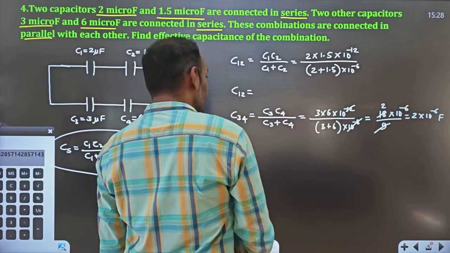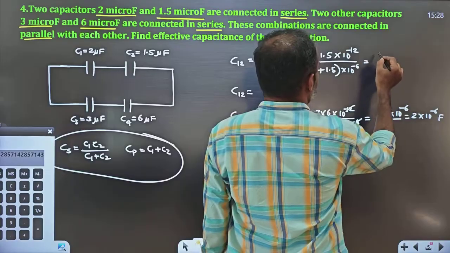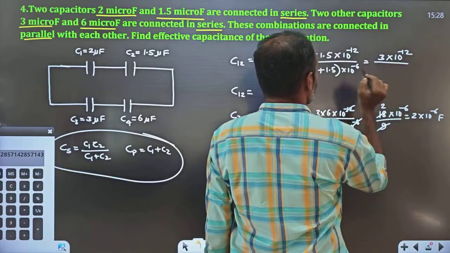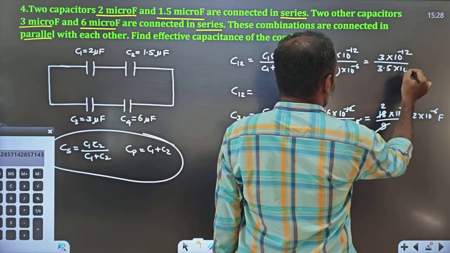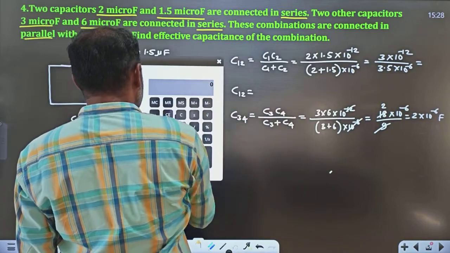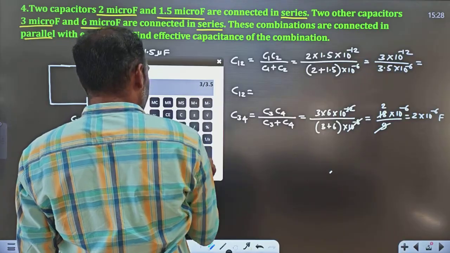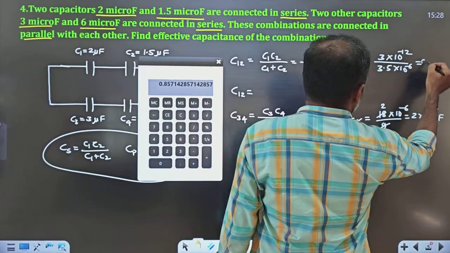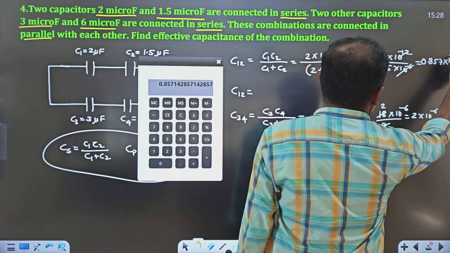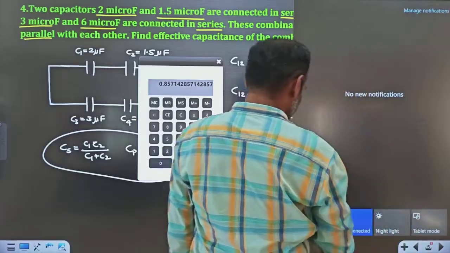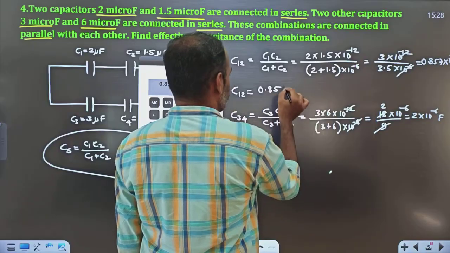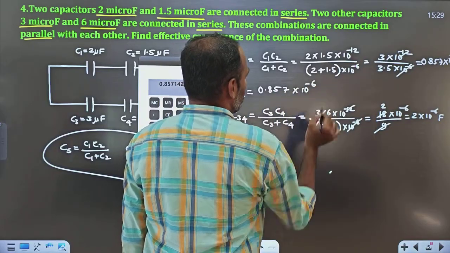So the answer will change. 2 into 1.5 will be 3. 3 into 10 to the power minus 12 divided by 2 plus 1.5 is 3.5 into 10 to the power minus 6. So you have to take 3 divided by 3.5, which is 0.857. 0.857 into 10 to the power minus 6, since minus 6 cancels, 10 to the power minus 6 remains. So C12 is equal to 0.857 into 10 to the power minus 6 farad.